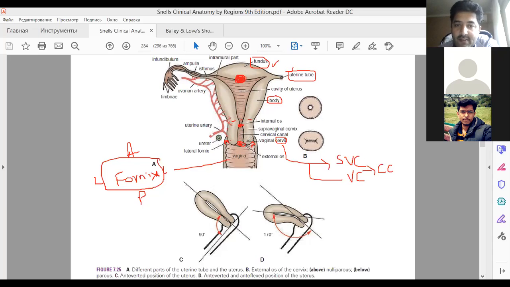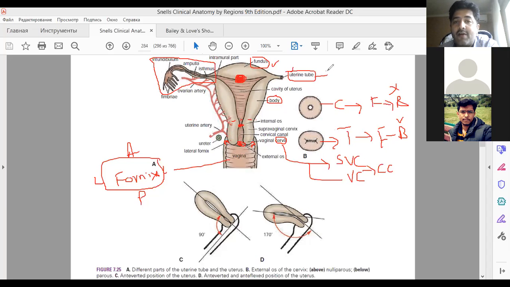If the external os of the cervix is circular, it means the female has not given birth to babies so far. But if it becomes transverse, it means the female is multiparous, or has already given birth. So just by seeing the external os of the cervix, you can tell whether the female has given birth or not.